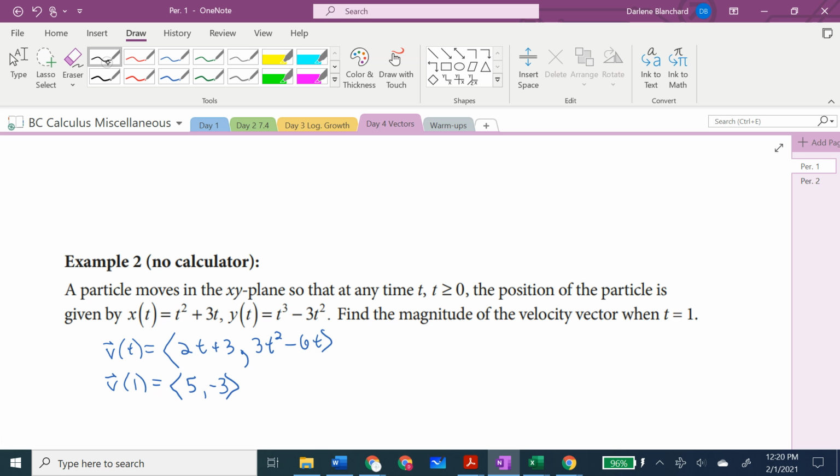Now what that's saying is if I look at just the velocity vector as a vector, vectors are typically drawn where the initial point is at the origin, and then these give you your final location. So 5, -3, I'm going to approxiplot it there.